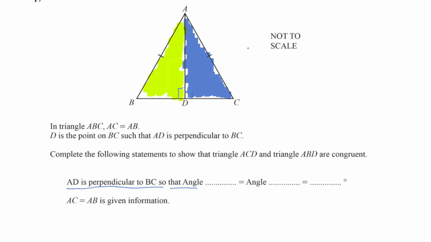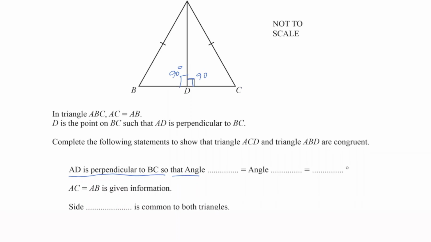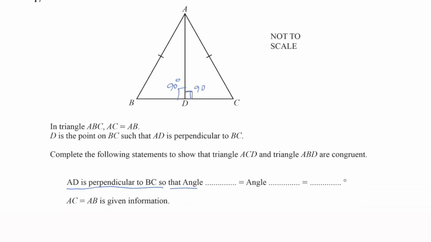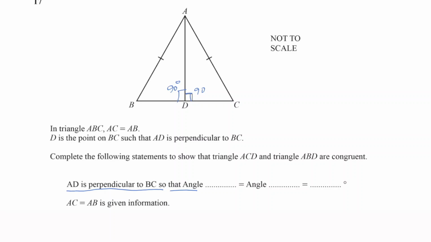I'll erase all of these things just to make it clearer. So this angle is already given as 90, so definitely this will also be equal to 90, correct? So AD is perpendicular to BC, so angle ADC is equal to angle ADB.